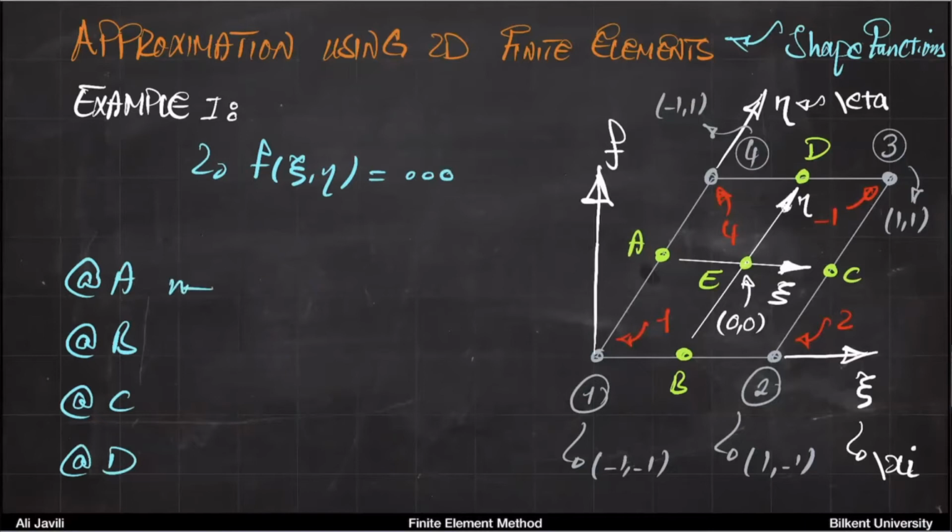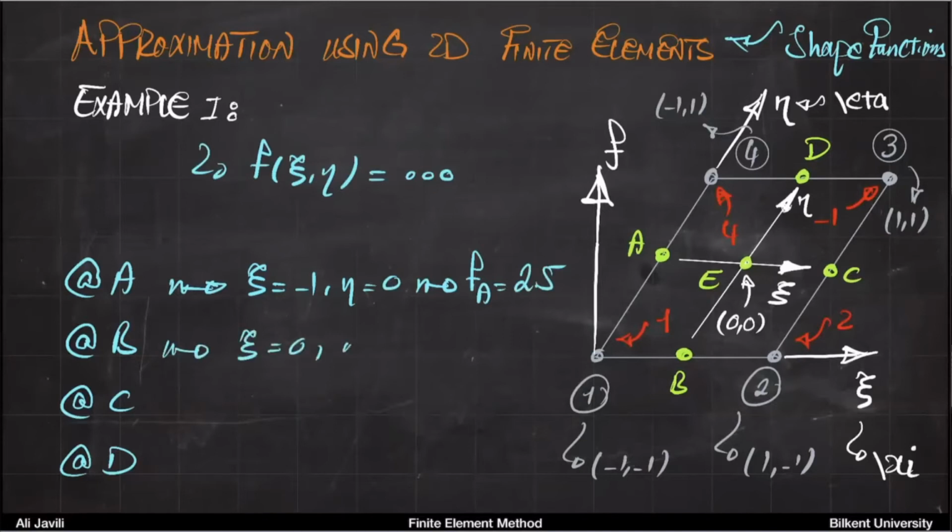At A, you get 2.5, which means ξ is minus 1, η is 0. Then f at A would end up being 2.5. If you do it at B, that is ξ 0, η is minus 1, f at B would be 1.5.